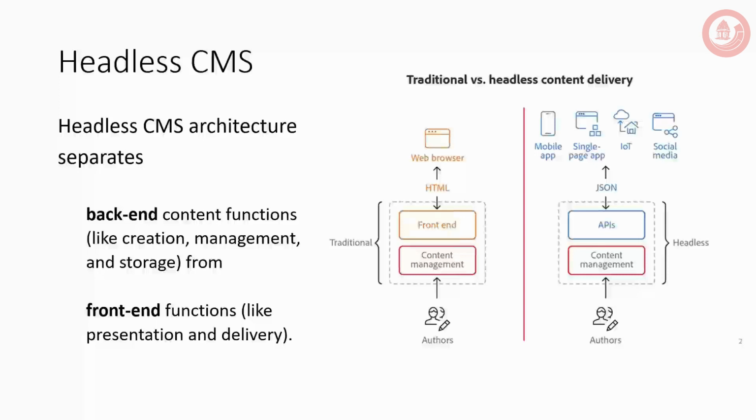CMSs are telling us, we will do content management activities as it is, but we will provide the APIs. Let the development teams choose whatever technology they want and build however they want, just consume the APIs, whichever format it is, and build your apps. That is where the separation of backend and front end comes from.